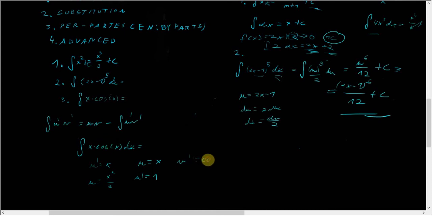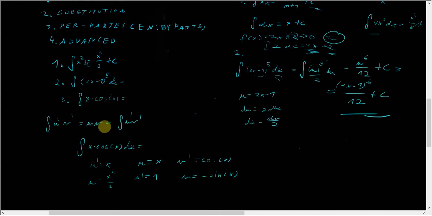So let's say cosine of x is derived, and before it was derived, it was minus sine of x. I urge you to derive this for yourself. The derivative for this. What is the derivative of cosine? What's the derivative of sine?